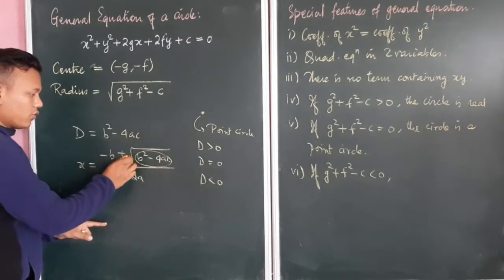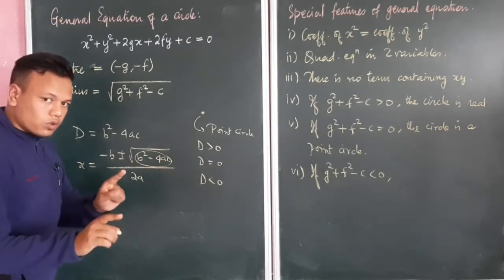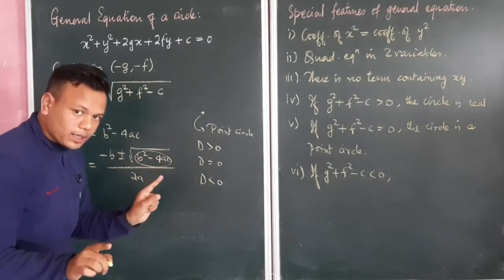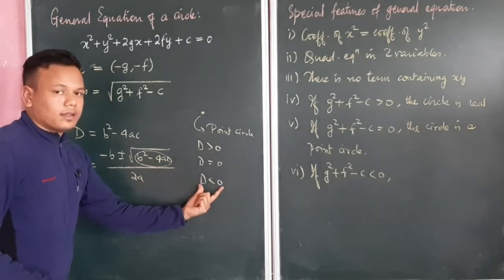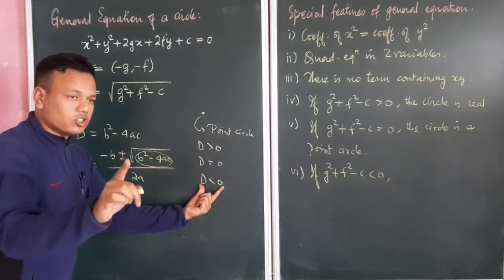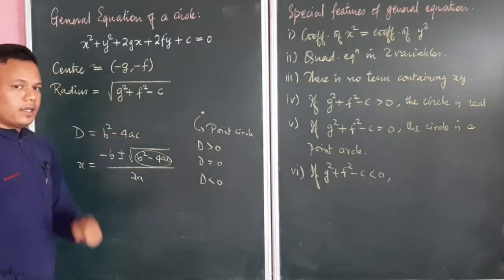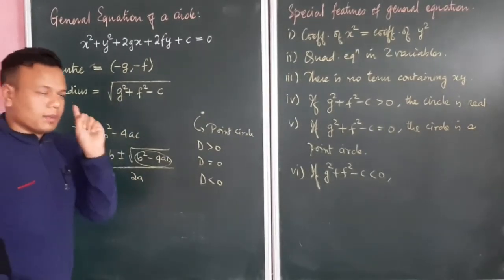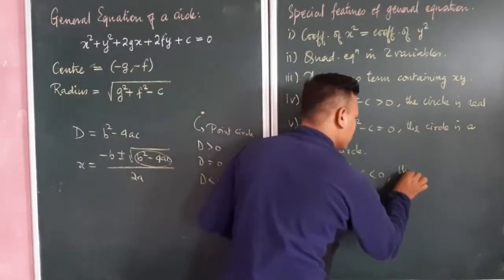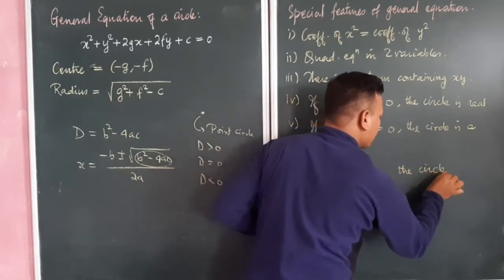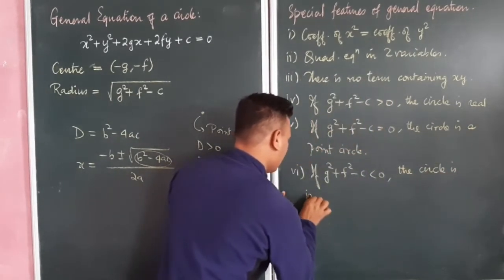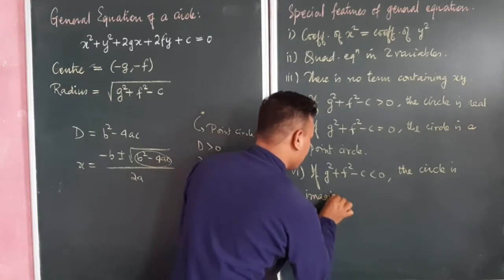Since the square root of a negative number does not exist, we say that the roots are imaginary. So in this case also we write that the circle is imaginary.